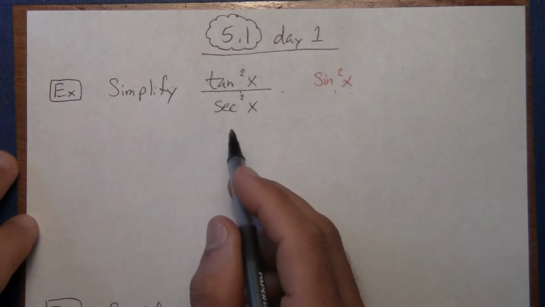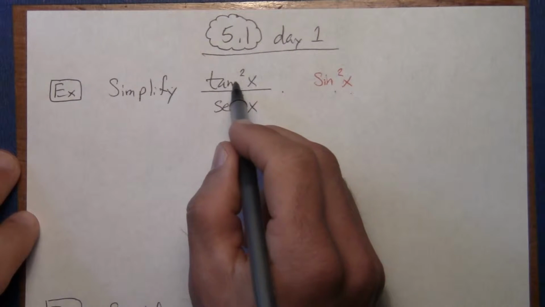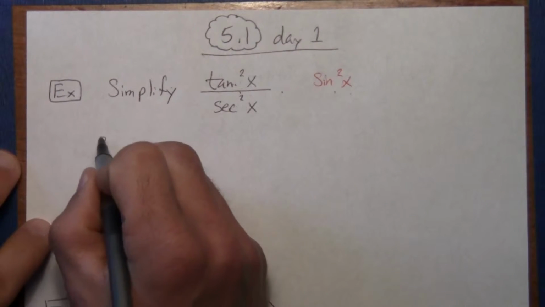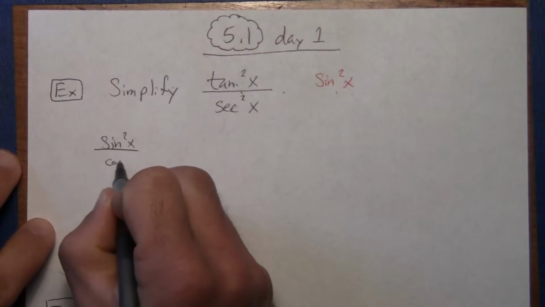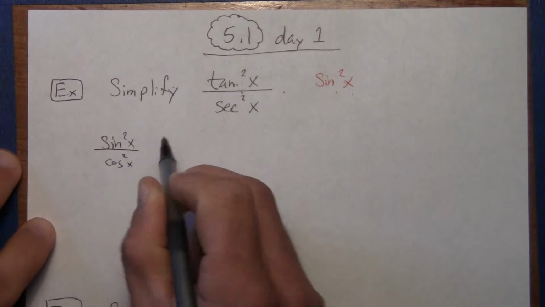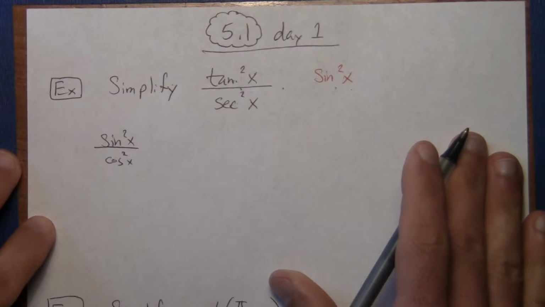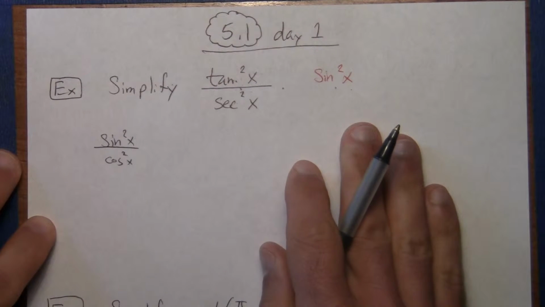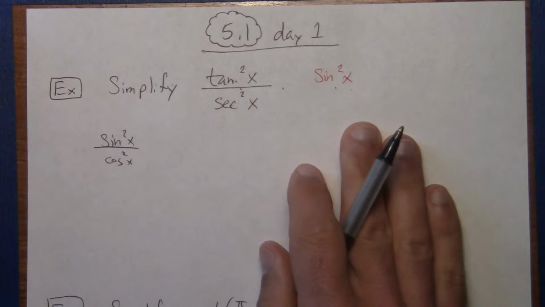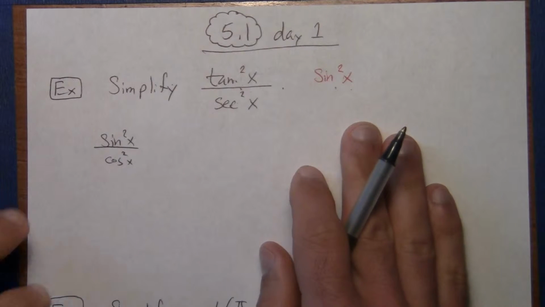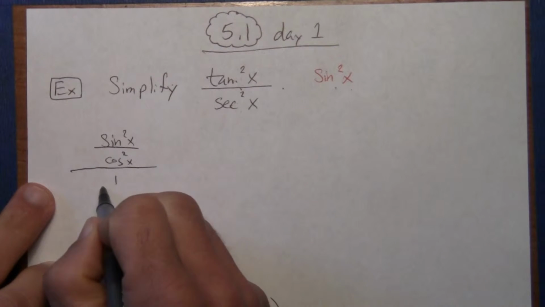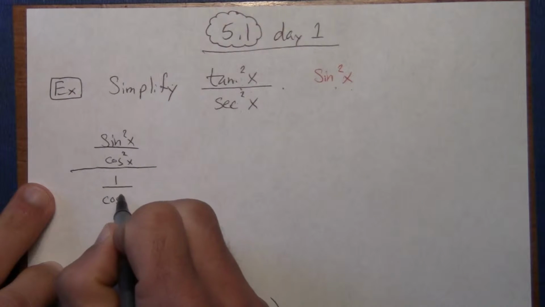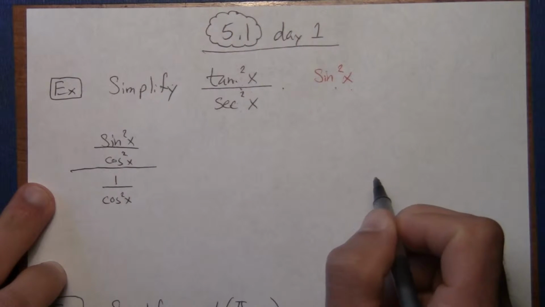So that's what I'm going to do, is I'm going to take tangent squared and change that into sine squared x over cosine squared x. Again, some of this comes with practice, and once you get used to doing it, you'll understand what to try first and what not to try, but it takes time. Alright, divided by the secant, which is the reciprocal of cosine, so that's 1 over cosine squared x.